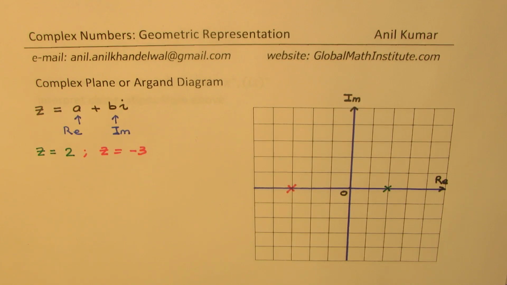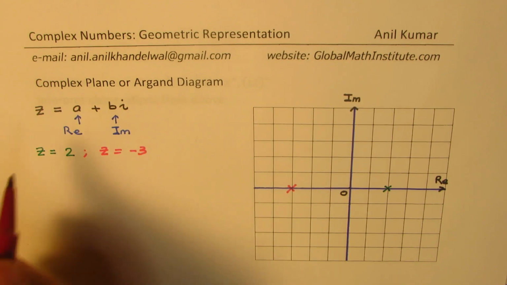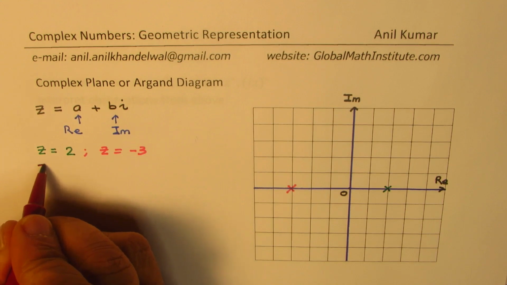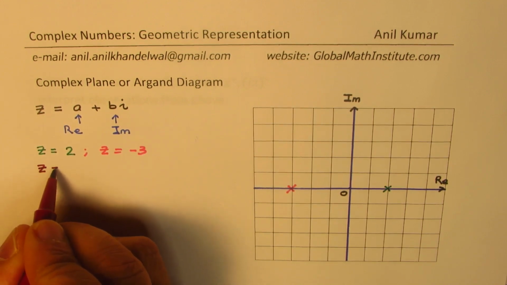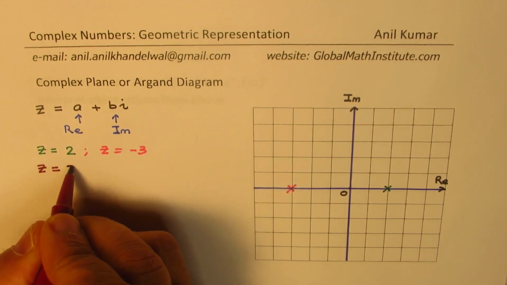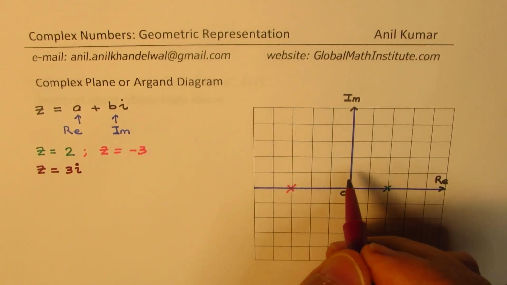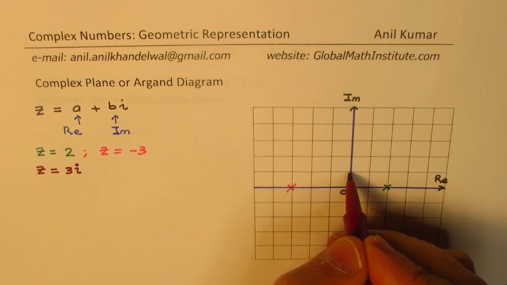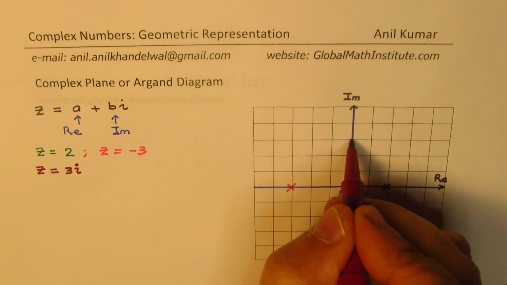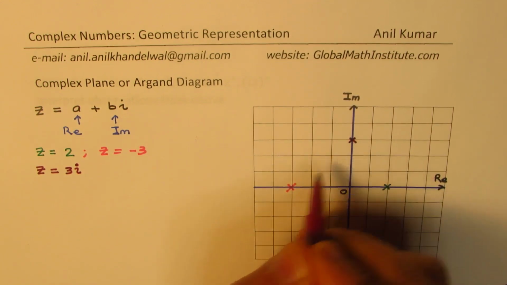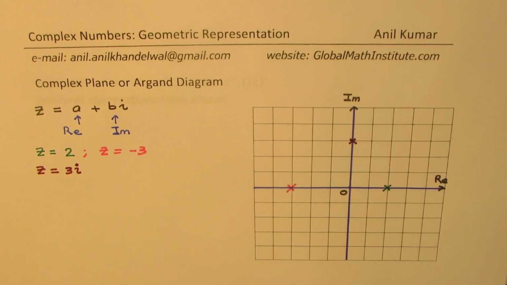On the other hand, if I have a pure imaginary number, and let's say we have z equals 3i. Now I multiplied by 3, each unit is 1i, right? So 1, 2, 3. So this position here represents 3i. Correct?